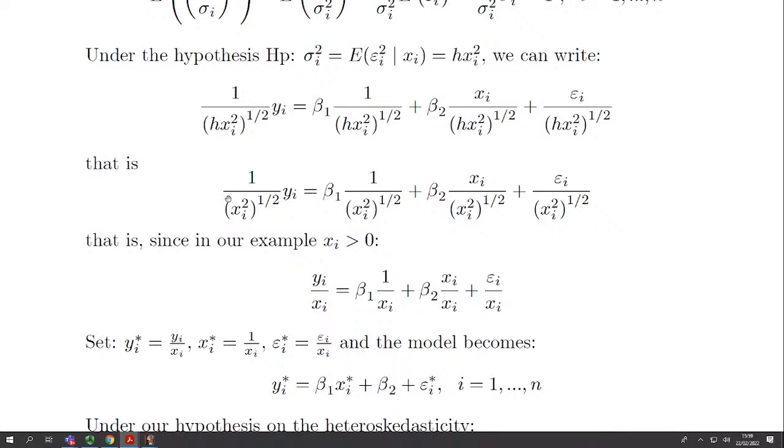So if I take the square root of a variable raised to the power 2, the result should be the absolute value of the variable. But since all the x's are positive, this number here will become xi. This number here will become xi. This number here will become xi. Are you following me, guys?